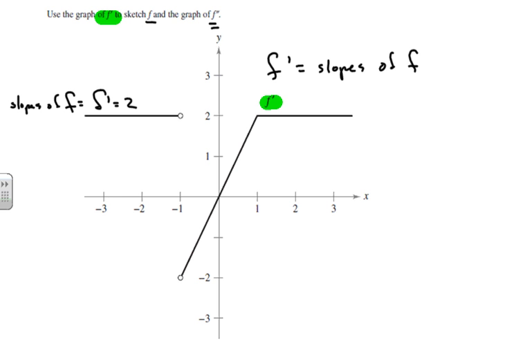So when we graph that, if we have a constant slope of 2, that means that at -1 going to negative infinity, we're going to have a slope of 2. All right, so actually this is going to be a line. You see it's undefined here, so my guess is it's either a corner, cusp, or discontinuity. Well, I'll make it just an open circle here at -1. You can start this wherever you want.